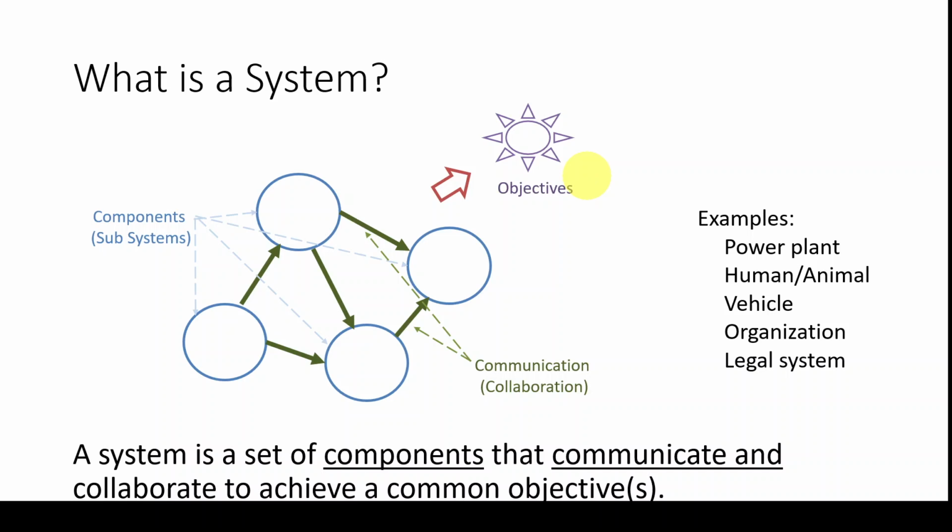Systems are everywhere. For example, the easiest thing is to think about yourself. You are a human, so a human is a system. There are so many subsystems and subcomponents in your body.